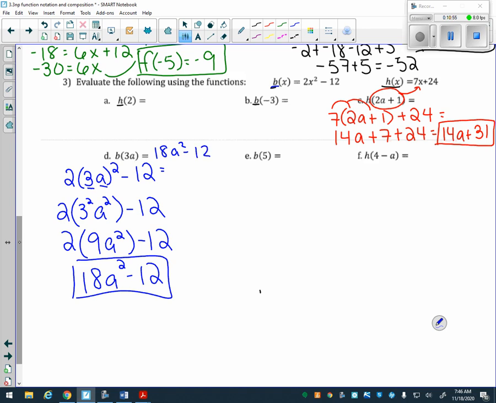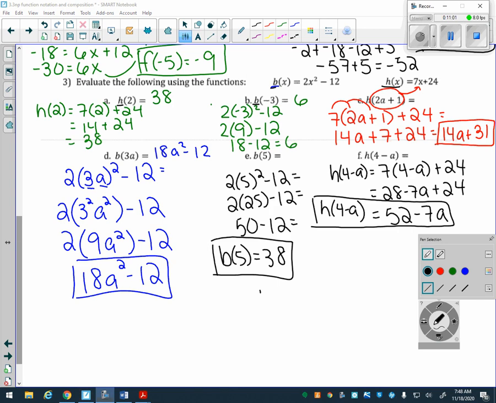Okay, so I want you to pause the video and try the 4 that are left. Okay, you should have gotten the following answers. For A, h of 2 equals 38, because you're inputting 2 for the x of the h function. For B, b of negative 3, you're inputting negative 3. Make sure you have parentheses around it, and you end up with 6.